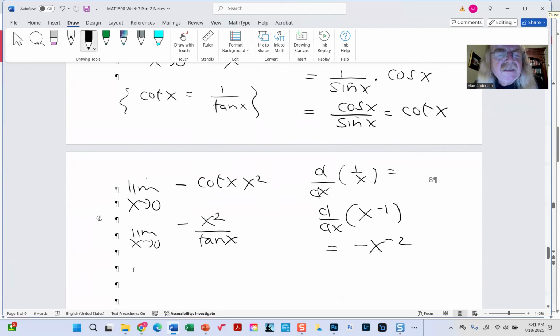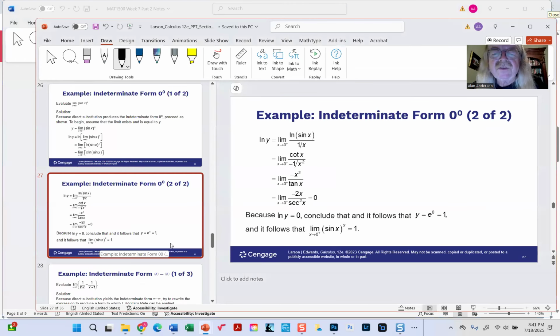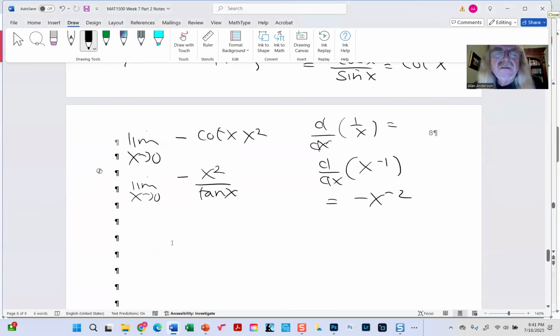And so now we're going to take some more derivatives because now we've got 0 over 0. Okay. So then that means that we're going to take the derivatives one more time.